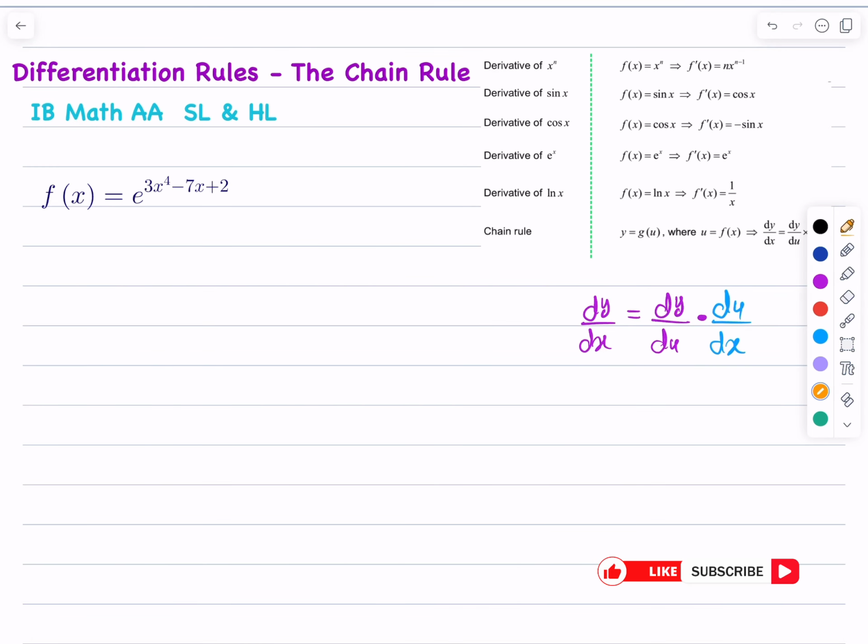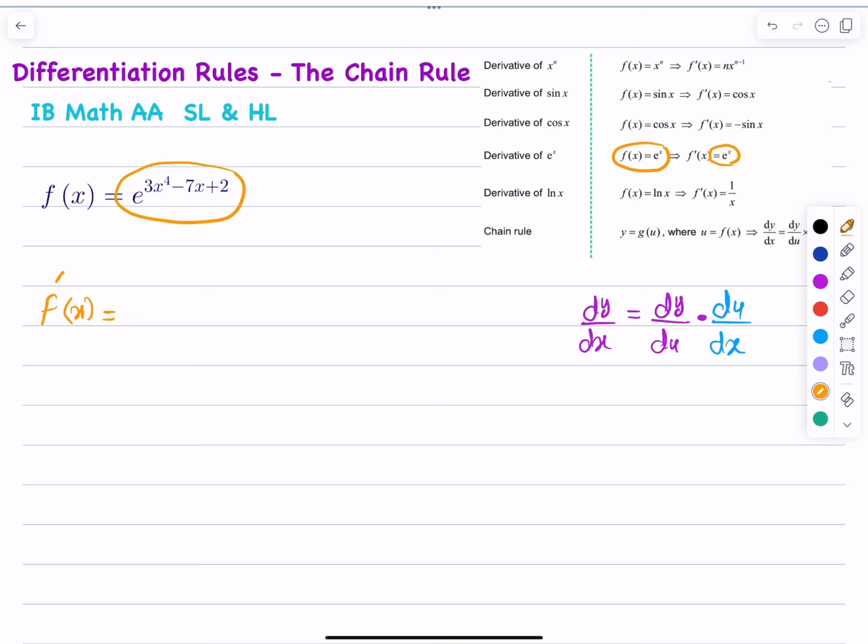Now we will move on to differentiating exponential functions with base e. So here the derivative f prime will be, first, as you see, when we differentiate e to the power of x, it remains as it is. So when we differentiate this, it remains as it is, e to the power of 3x to the power of 4 minus 7x plus 2.